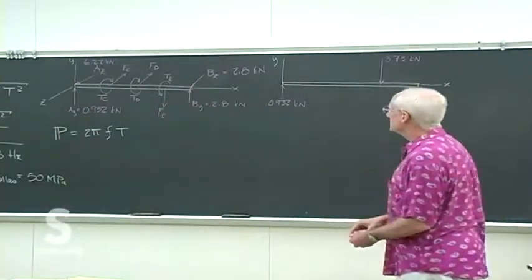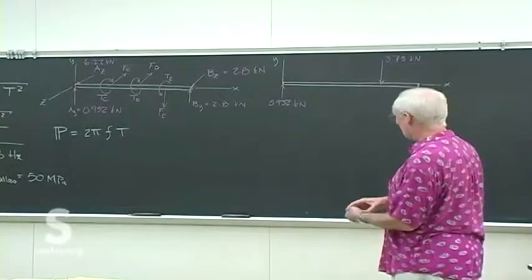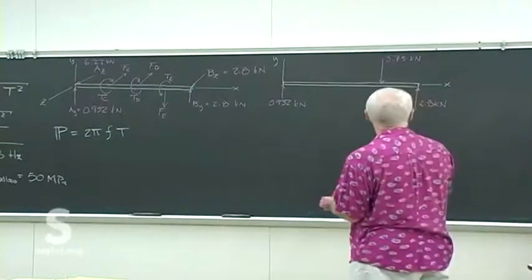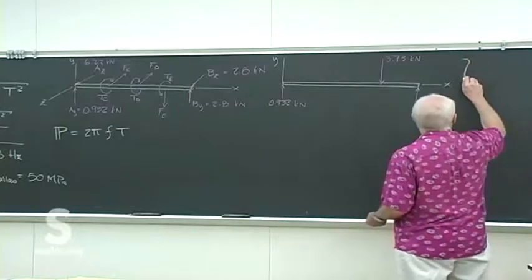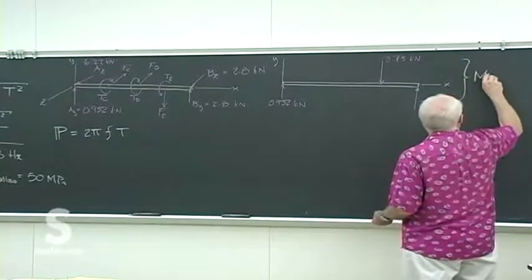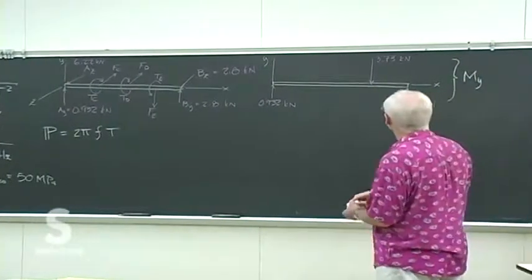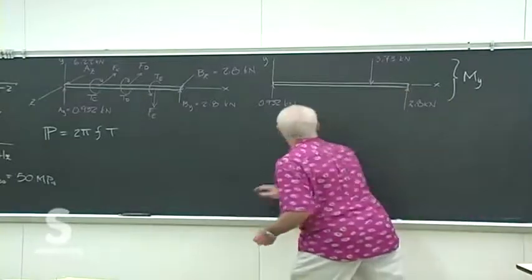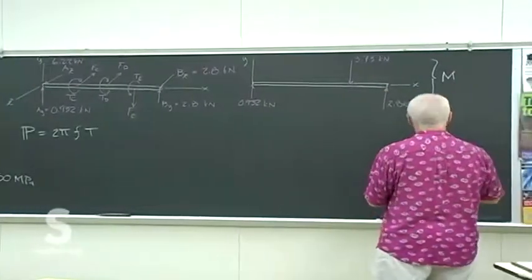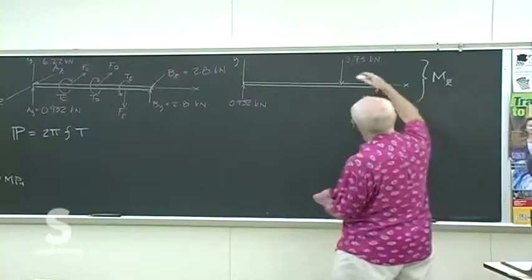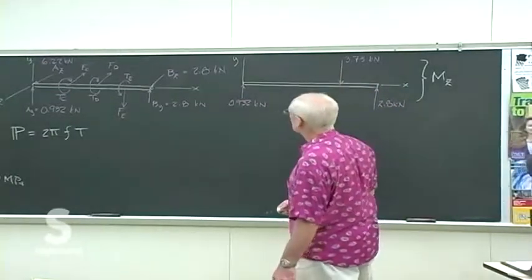What we're looking to do, remember, is to figure out what the net moment is in the y direction. Sorry, this will be the z direction. If we get moments, they'll either be plus or minus z.